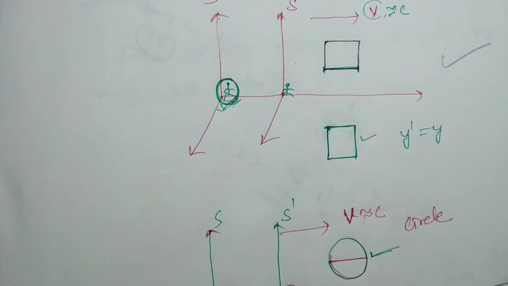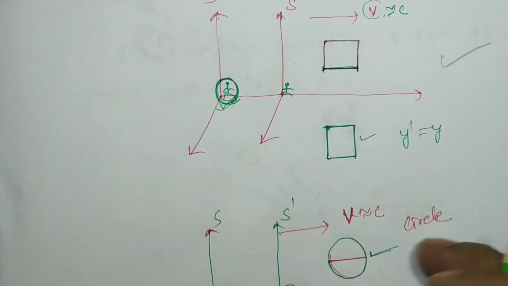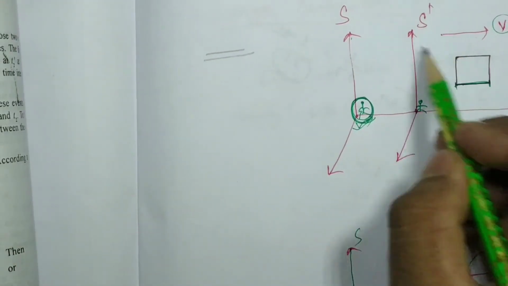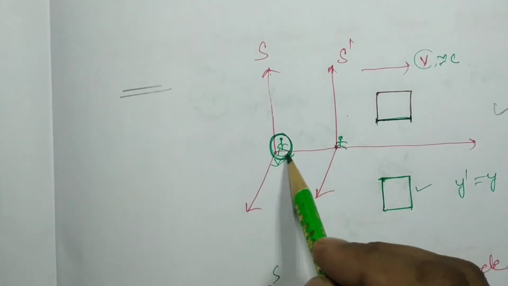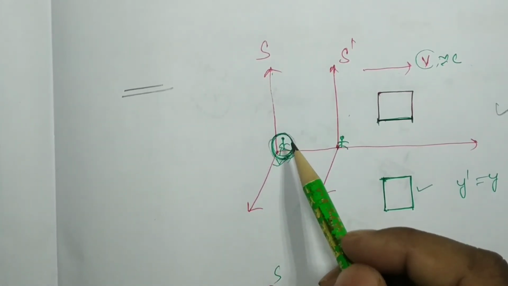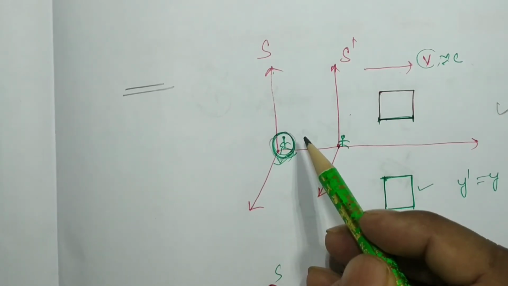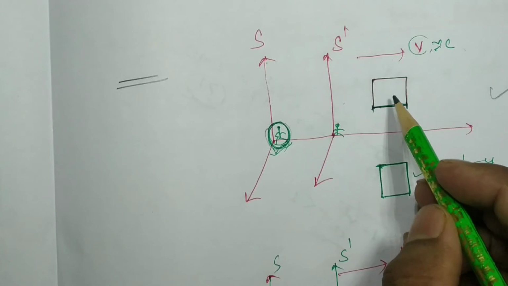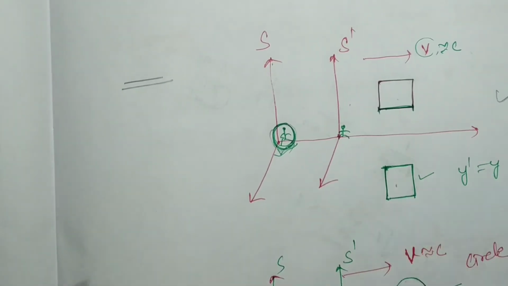You just draw these two figures and write one or two lines: whenever the S dash frame is moving with velocity v approximately c, then the person who is sitting in the S frame is going to perceive that this object changes its shape from square to rectangle. This much you have to write.